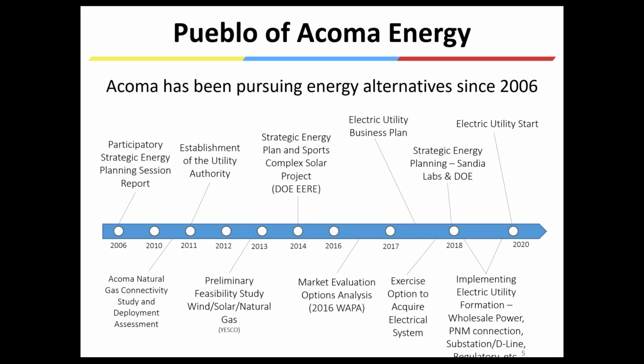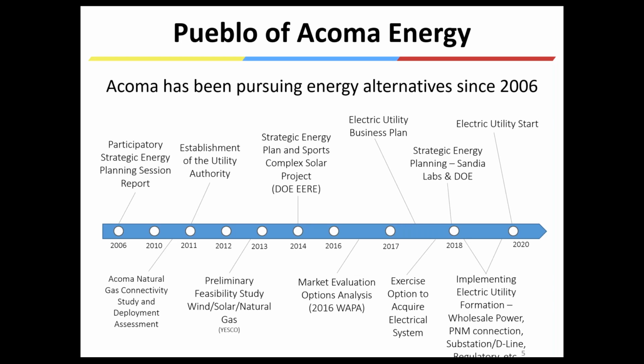our electric utility start. And just a little bit about this, we've been working on this since 2014, looking at forming an electric utility, and pretty heavily since 2016, with the start date scheduled as of January 1, 2020. Of course, we had to deal with quite a bit of right-of-way issues.